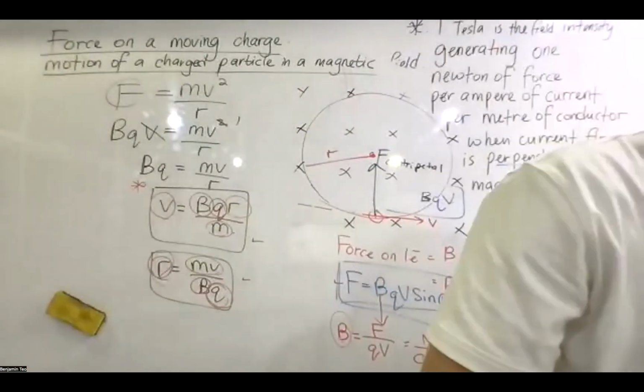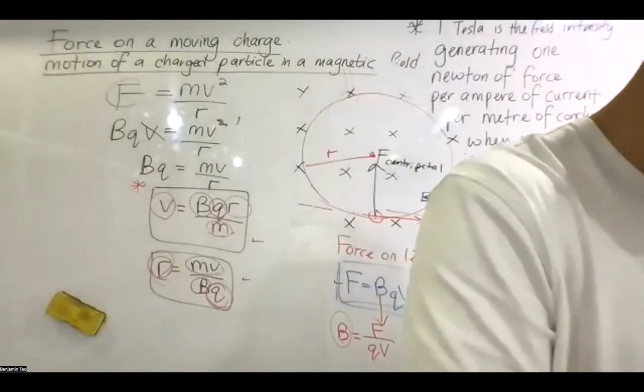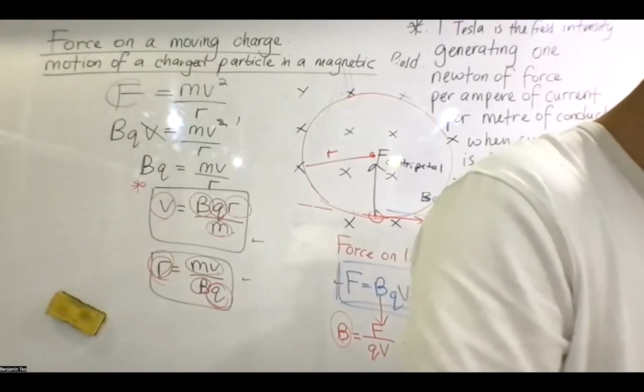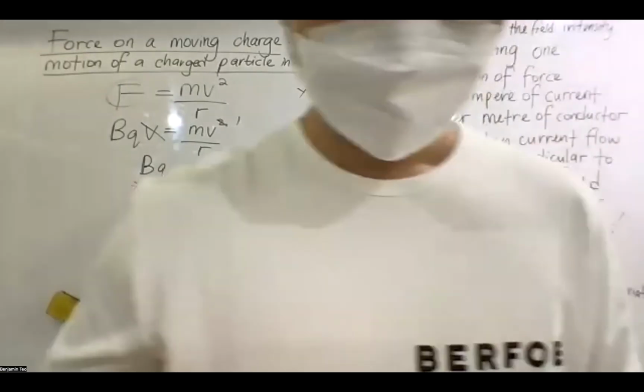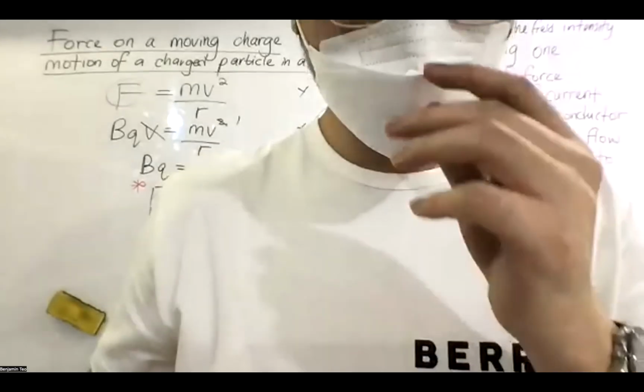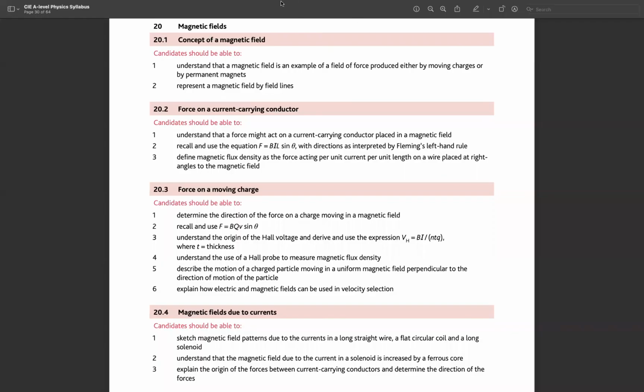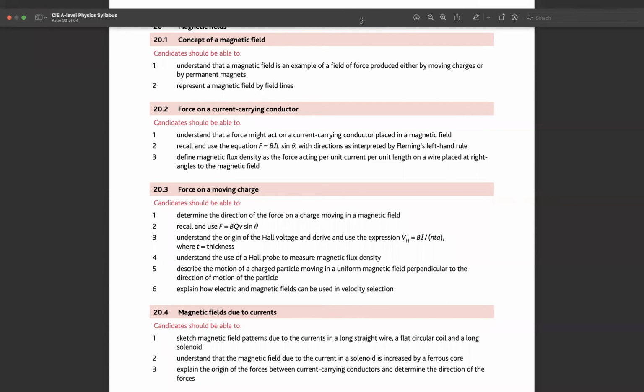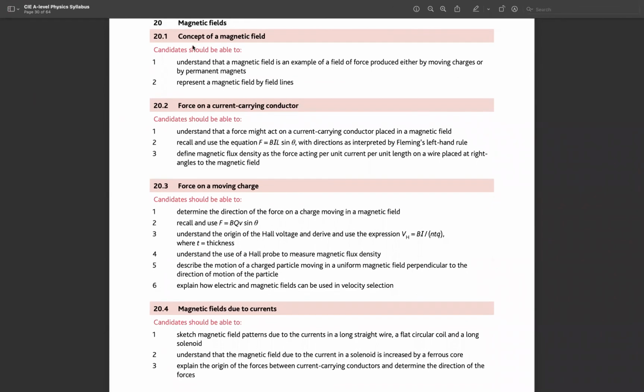Let's go back to the syllabus. Magnetic field, number 1, again. Understand that a magnetic field is an example of field force produced either by moving charges, which we have talked about, or permanent magnets. The field lines.